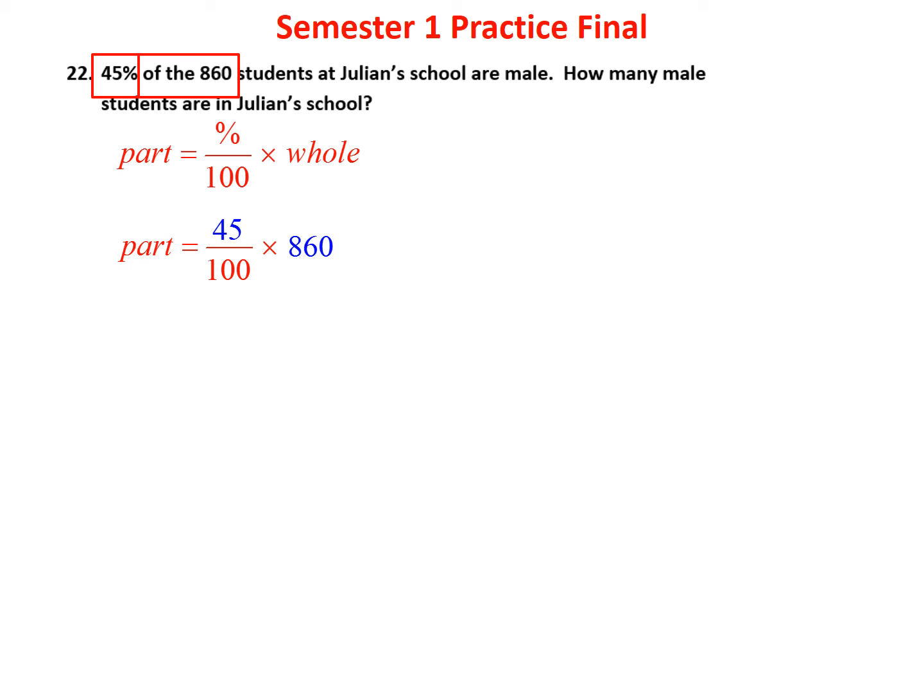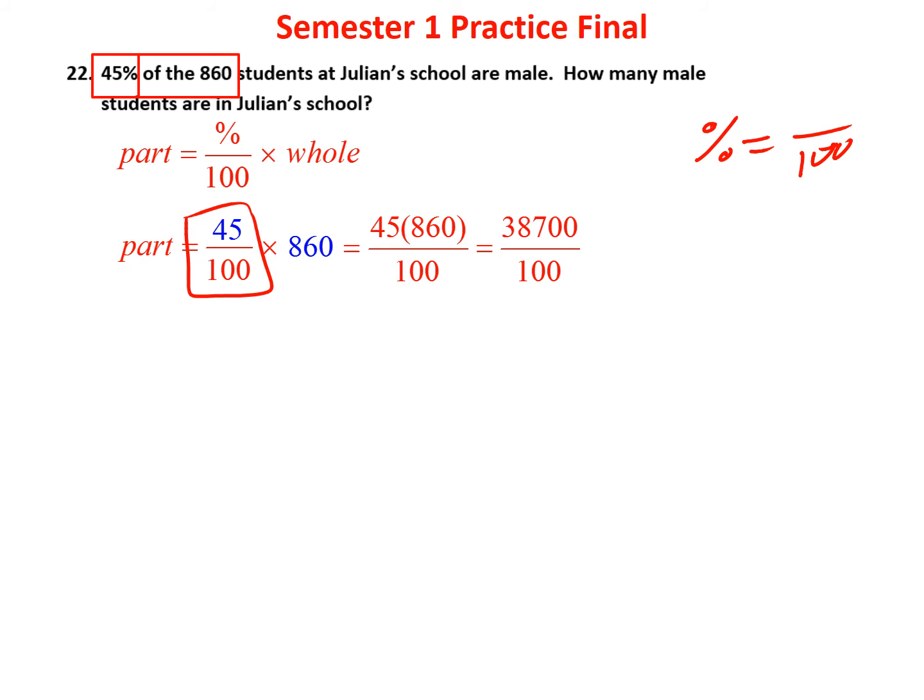Percent means divide by 100. So 45% means 45 over 100. And so now we can just solve that. 45 times 860 divided by 100, and our answer is 387.